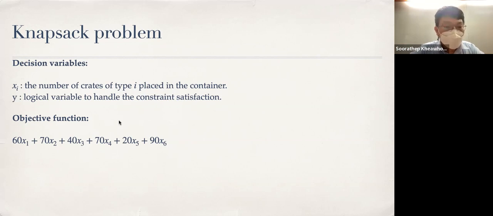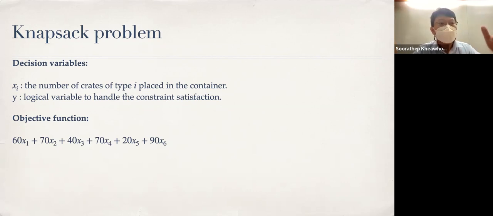Let us look at the objective function first. Our objective function is to maximize the value. Our decision variable x1 is the number of crates for type 1, x2 is the number of crates for type 2.